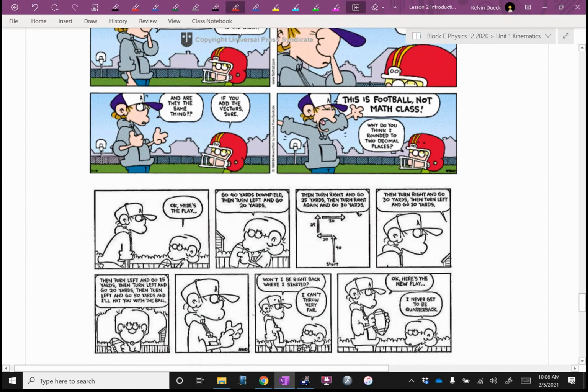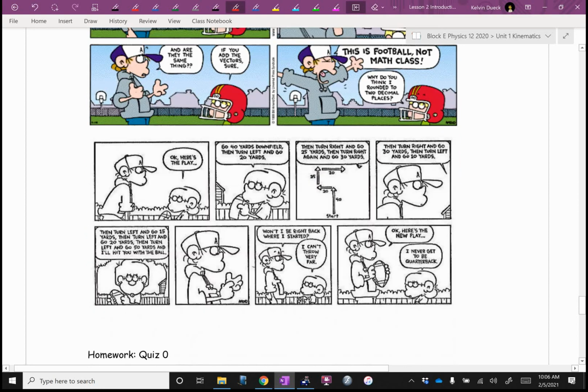And then I think this one I showed you last year. Okay, here's the play. Go 40 yards downfield, then turn left and go 20 yards, then turn right and go 25 yards, then turn right again and go 30 yards, then turn right and go 30 yards, then turn left and go 10 yards, then turn left and go 15 yards, then turn left and go 20 yards, then turn left and go 50 yards, and I'll hit you with the ball. If you add all of those vectors together, tip to tail, you end up right back where you started from.